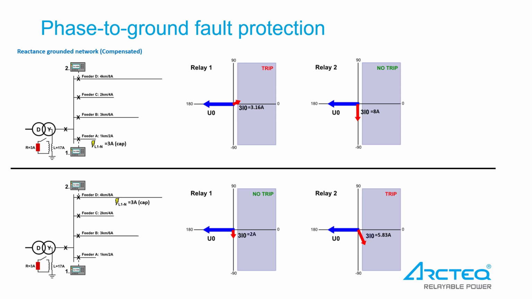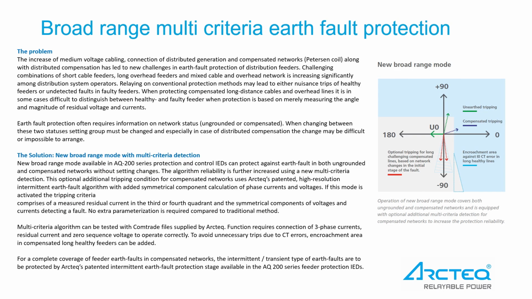So basically the faulty feeder is pointing to the healthy direction. But when the parallel resistance is connected, the relay falls to the resistive side and the tripping can be performed correctly and selectively.